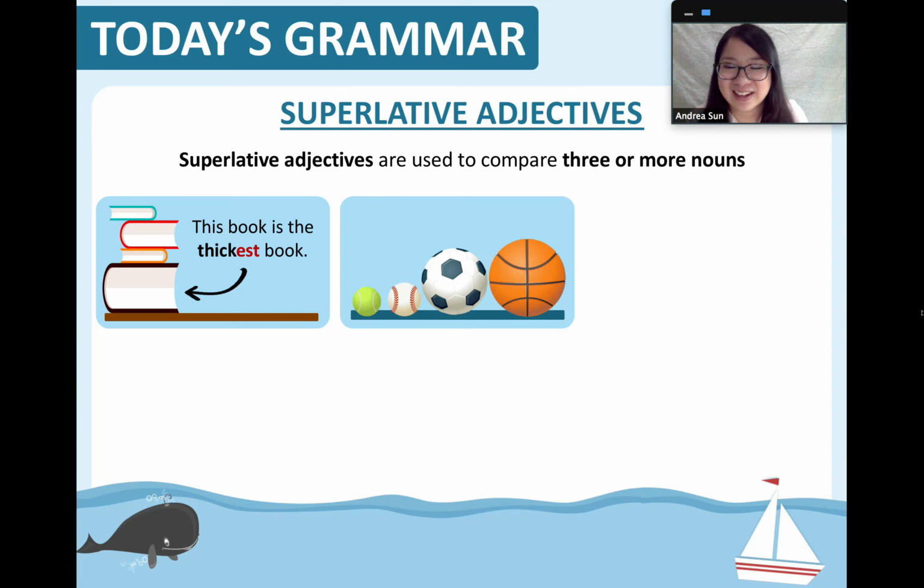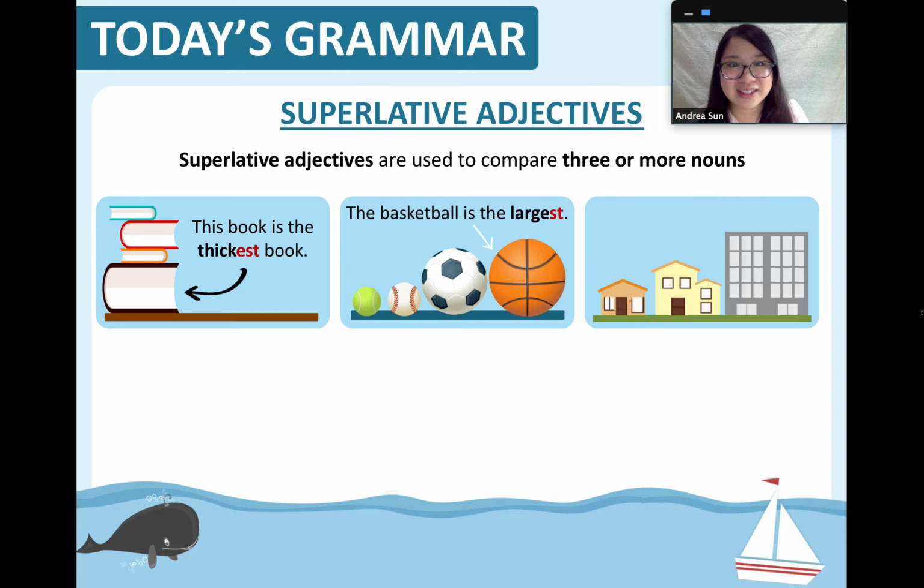Thickest. Now look at the sports balls. What is different about these balls? And how about the basketball? The basketball is the largest, the biggest, most large ball. Largest. Now the buildings.